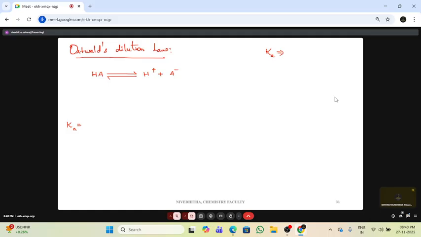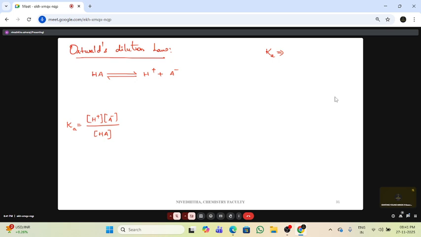Fine. So how can we express this Ka? Basically, it is an equilibrium constant, and the expression for an equilibrium constant is the concentration of products divided by reactants. So here, the product is H plus ion and A minus ion, divided by the concentration of HA. From this relationship, what we can infer, Kana, is, here we are talking about weak acids. If you compare two different weak acids, now we're going to compare the strength of the two weak acids.